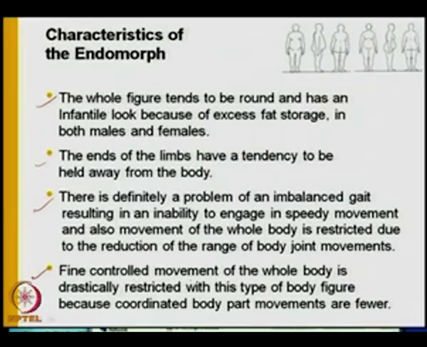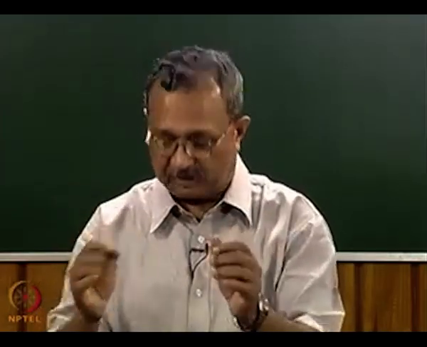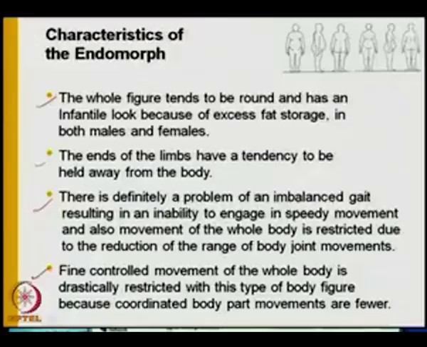Fine controlled movement of the whole body and coordination of the different body parts is drastically restricted with this type of body figure, the endomorph fatty body figure, because coordinated body part movements are fewer.